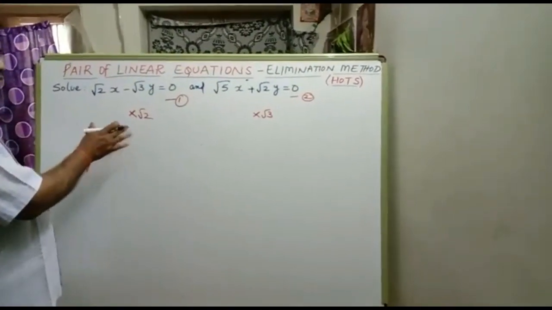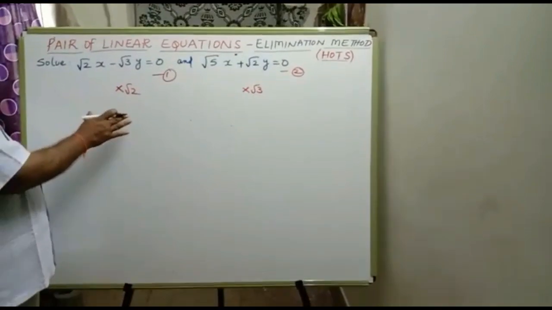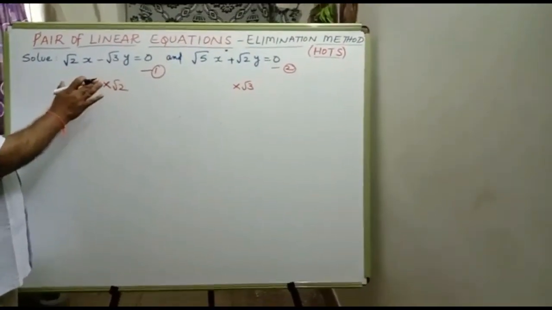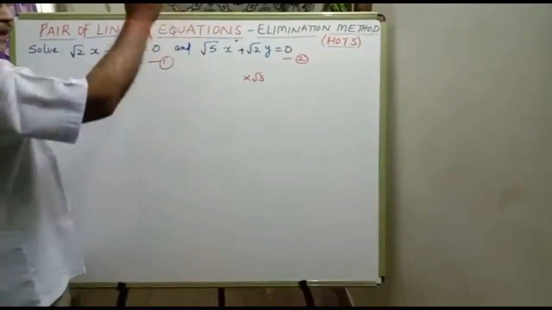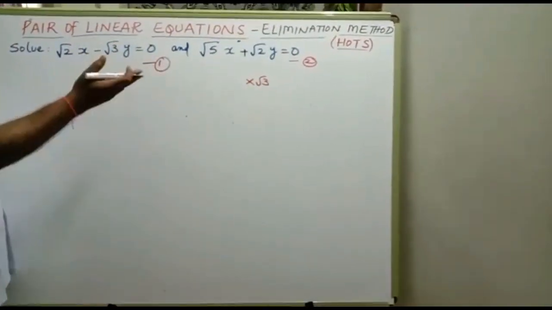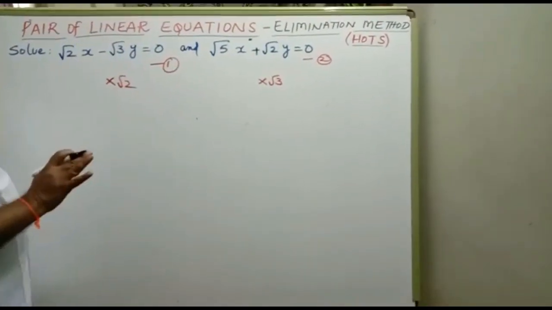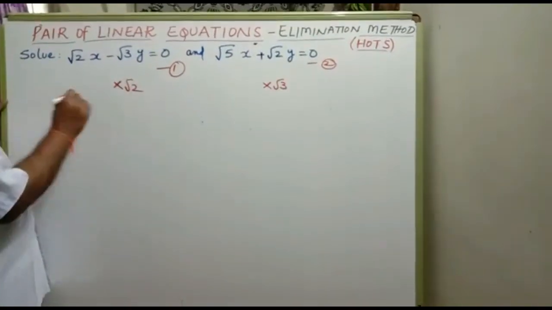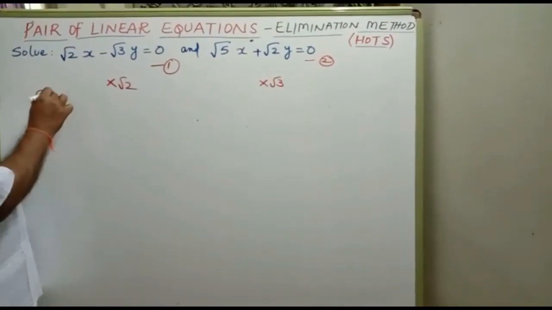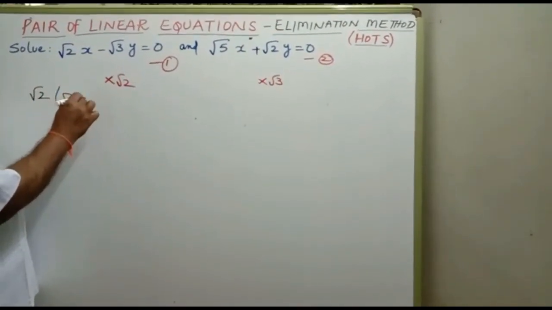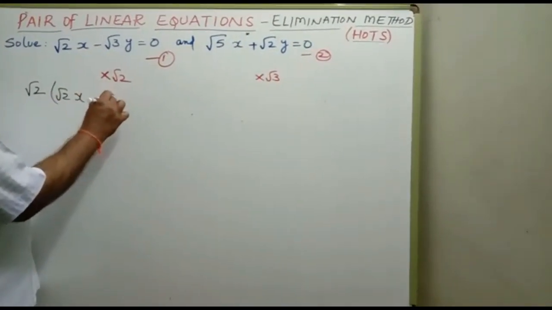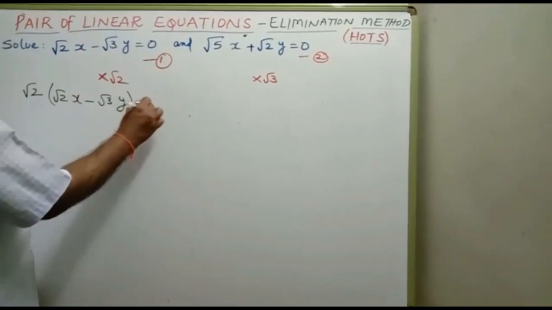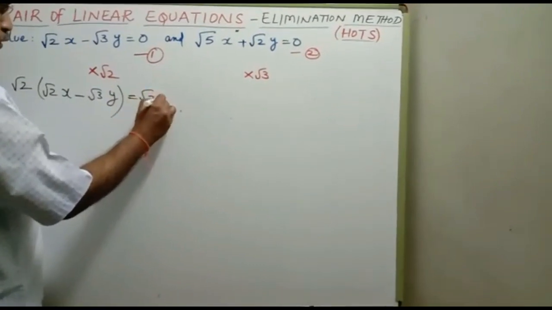Here I should multiply with one constant. The constant is: equation 1 into root 2, equation 2 into root 3, so that I can easily eliminate y. So let us check. Root 2 into root 2x minus root 3y is equal to root 2 into 0.